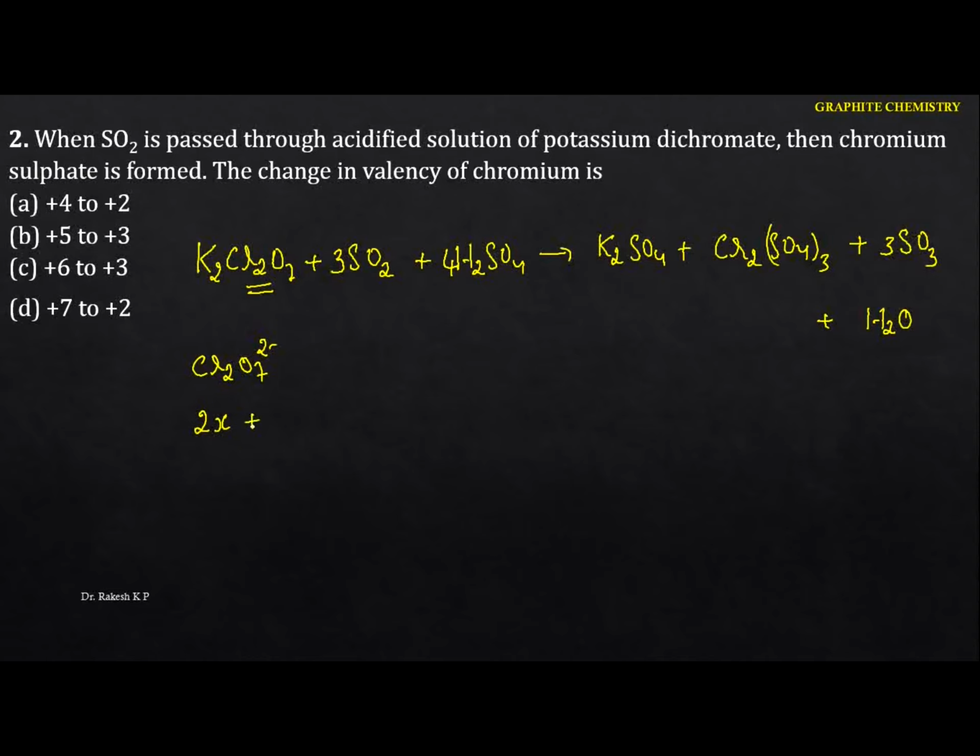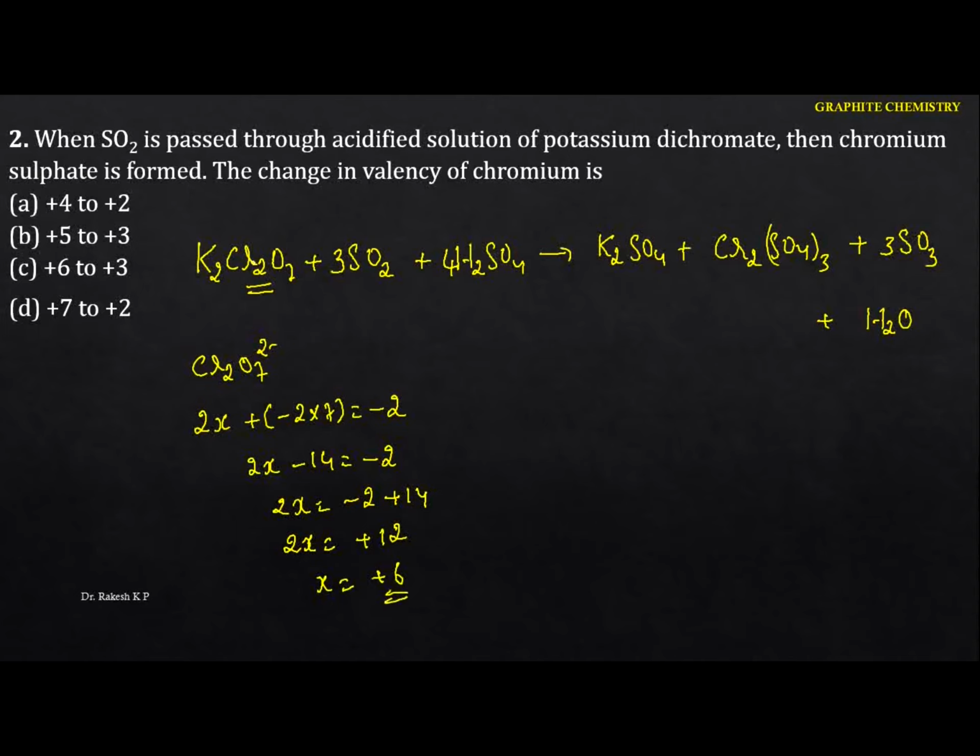So 2x plus -2 times 7 equals -2. So 2x minus 14 equals -2. 2x equals -2 plus 14, which is +12. Hence x becomes +6.